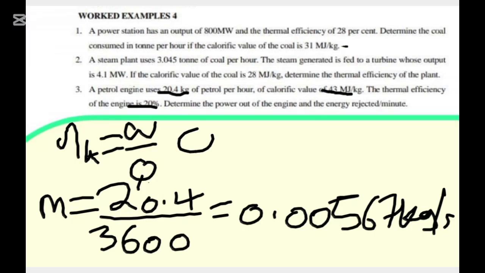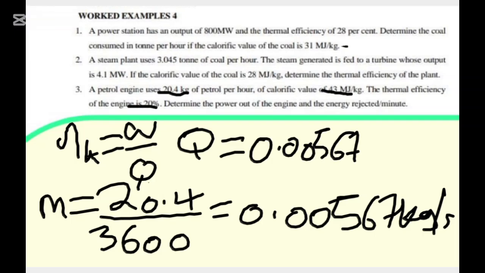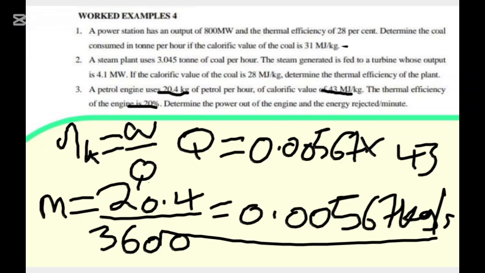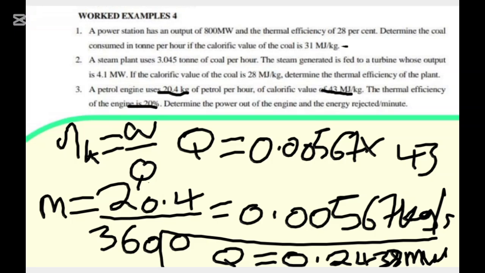After that I will be able to find Q. I will write what I already found, 0.00567, multiplied by 43, the calorific value. So at the end, Q should now be equal to 0.2438 megawatts. So this is the value of Q.